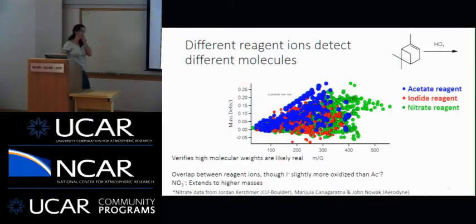But what I've done here is take our iodide measurements of the same time period in the chamber experiment and overlay those as red dots. The acetate is in front, then the I- reagent ions behind it, and then nitrate CIMS data in green behind that.